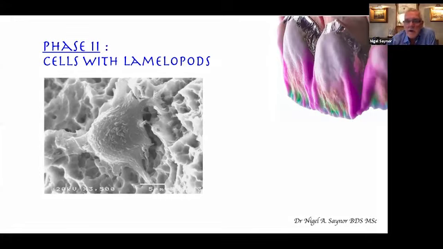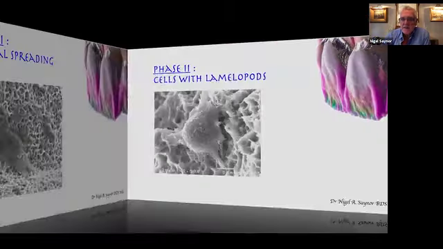Phase two is these then squash and spread out to form little lamellipods, which gives a far more solid attachment of the little osteoblast to the surface of the implant. So it squashes itself onto the surface of the implant.